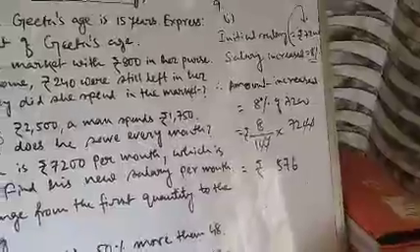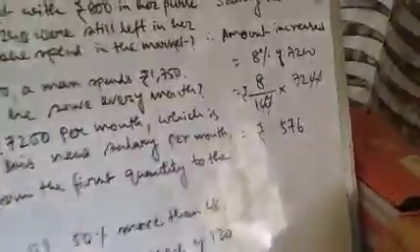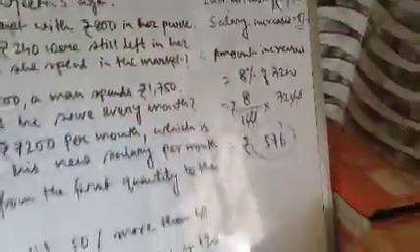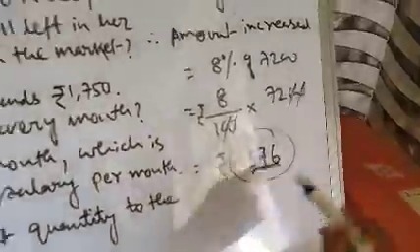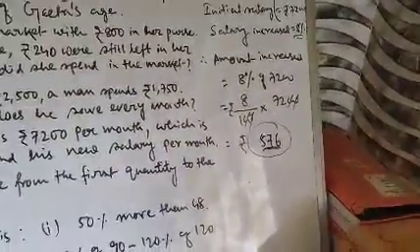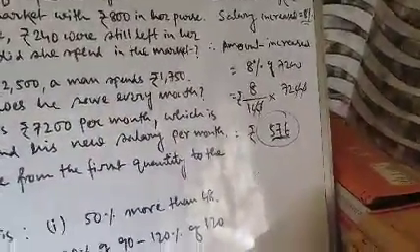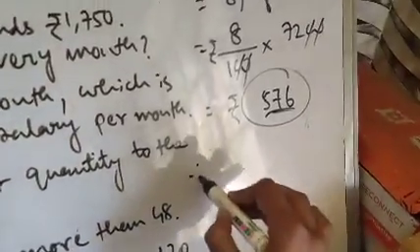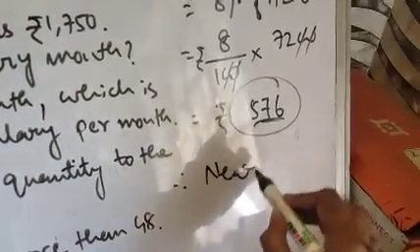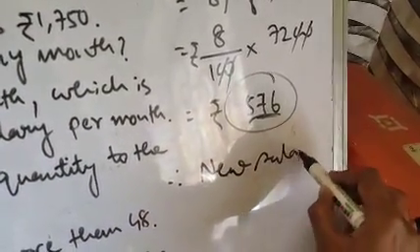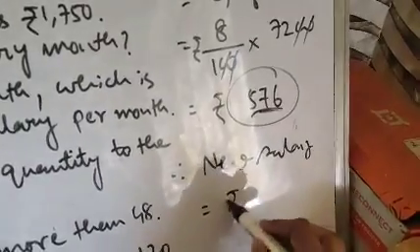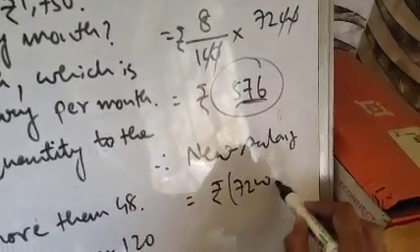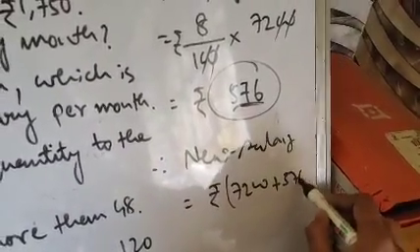Initial salary 7,200 rupees. In the next month he will have an increased amount of rupees 576. This is the amount of money he will have extra, the increased amount. So his new salary will be, we will add both amounts: 7,200, which is the initial salary, and this increased amount.